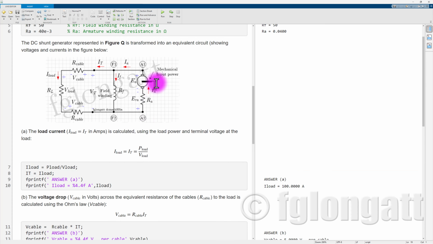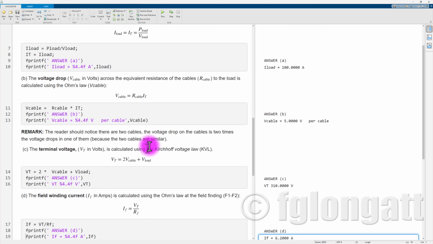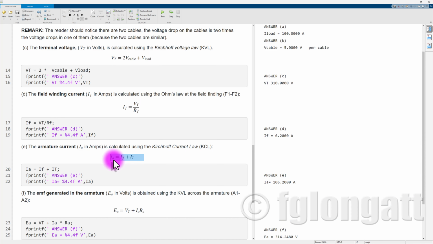The next step is we want to know the armature current, and to calculate the armature current, what we need to do is apply Kirchhoff current law here at the top. And as you can see here, the armature current should be the terminal plus the field winding. And that is what I draw here.